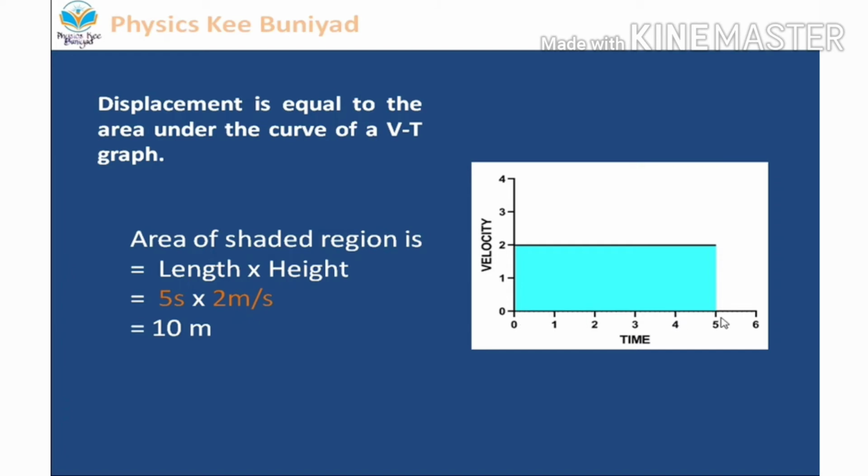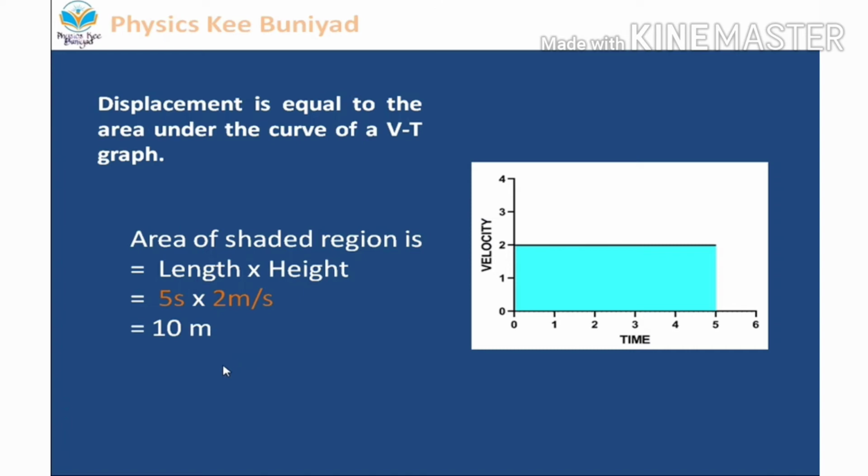The length is 5 seconds, because the x-axis is time, so I write 5 second. In the y-axis it is velocity, meter per second, so I put 2 meter per second. If you multiply 5 into 2, you will get 10 meters. Second and second will cancel out, and the only remaining thing is the meter, so you will get 10 meters.